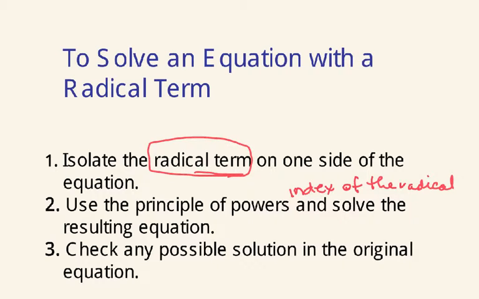You'll get an equation that results from that, and you use the skills that you've already learned in equation solving to solve that, and then you check any possible solution in the original equation. Again, this process gives you possible solutions, but you can't say that's a solution until after you have checked it.